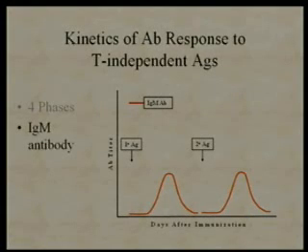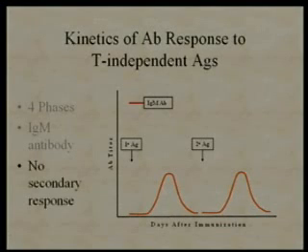There's only IgM antibodies made. And the second feature is there's no secondary or anamnestic response. Secondary exposure to a T-independent antigen just gives you another primary response. So the difference with T-independent antigen is no memory, IgM antibodies. Okay?